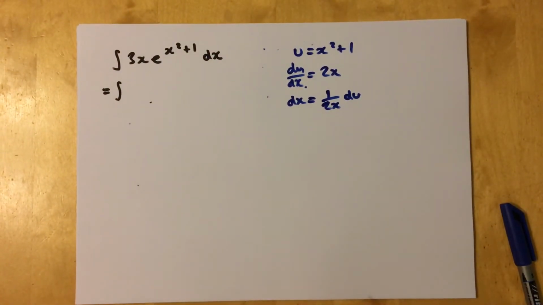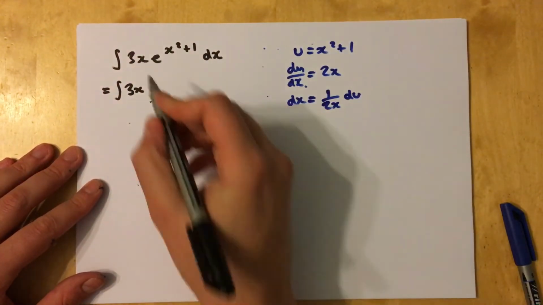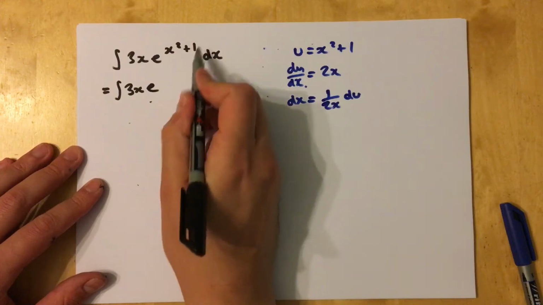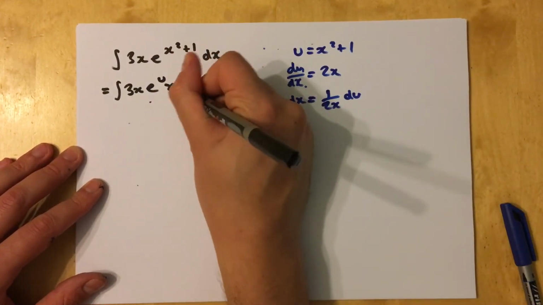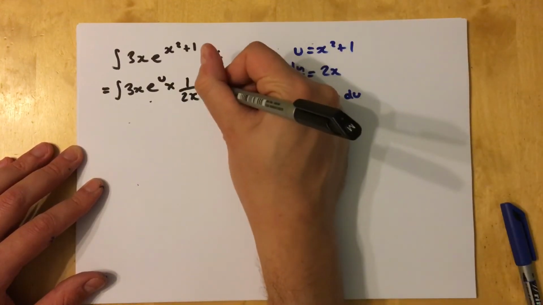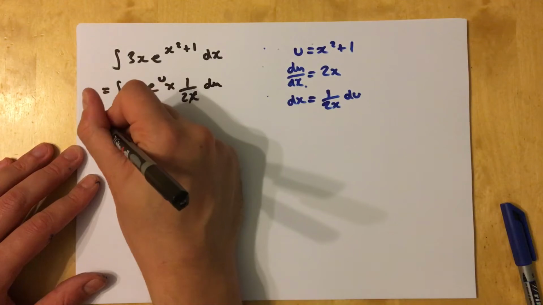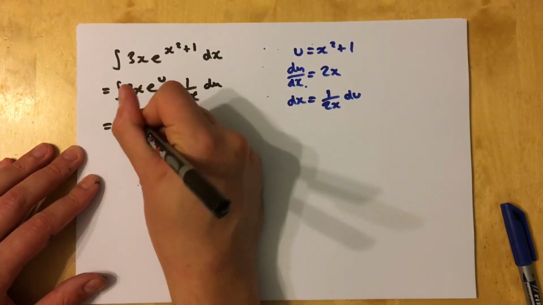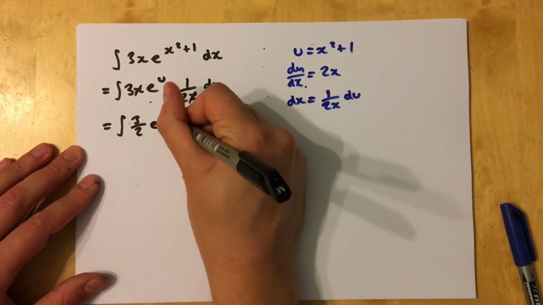So the 3x, nothing I can easily do with. e to the power of, and then this is u, multiplied by 1 over 2x du. Oh look, the x's cancel, yippee. So then we end up with the integral of 3 over 2 e to the u du.